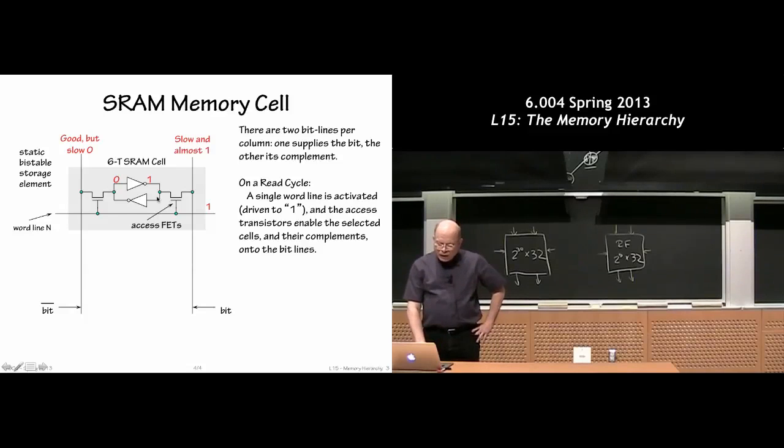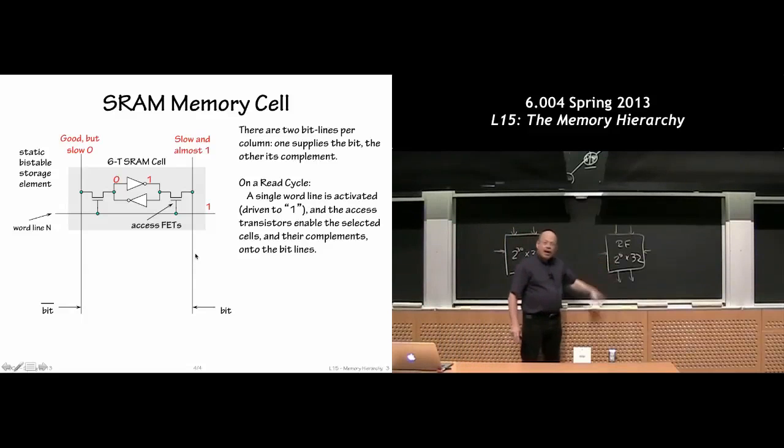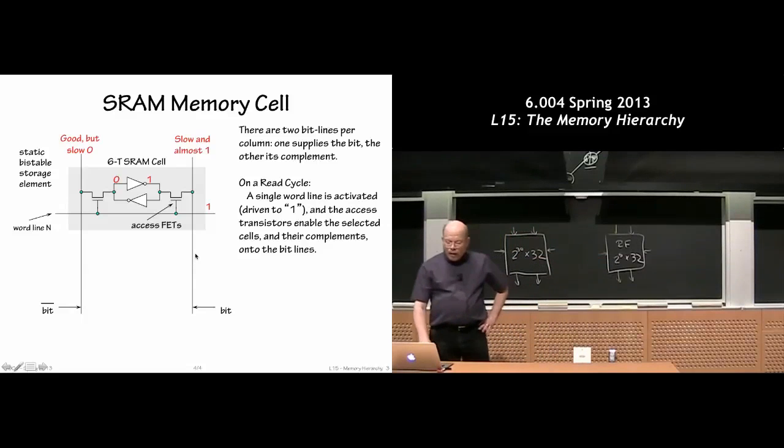And then what happens is once I turn on these access FETs, these inverters are made out of reasonably small FETs, to keep the size of the SRAM small. And so I have this line that in our case will connect to 32 different bits in a column.